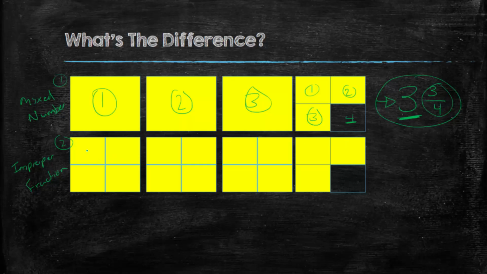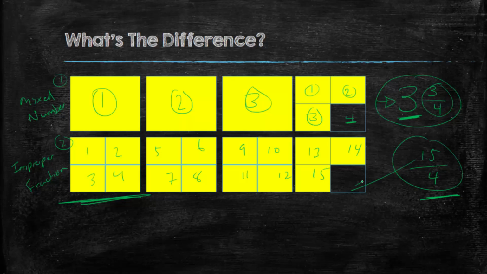If we look at the improper fraction, we could say 1, 2, 3, 4, 5, 6, 7, 8, 9, 10, 11, 12, 13, 14, 15 highlighted small squares out of a possible 4 squares in each box. Well, why is that an improper fraction? If you recall, the top number in a fraction we call the numerator, and the bottom number we call the denominator.